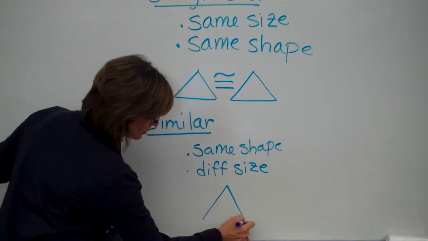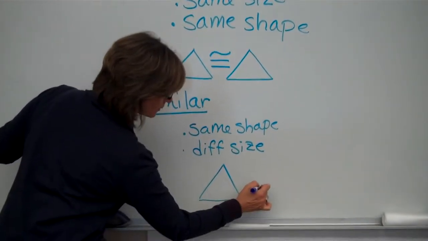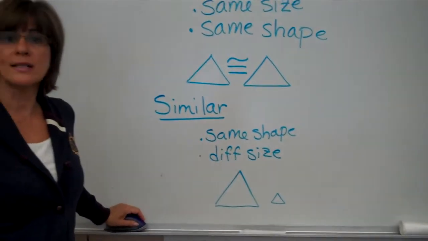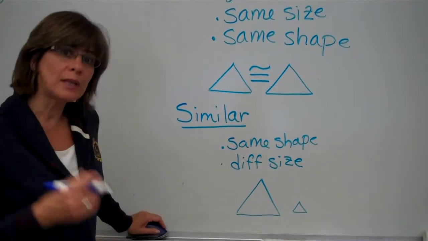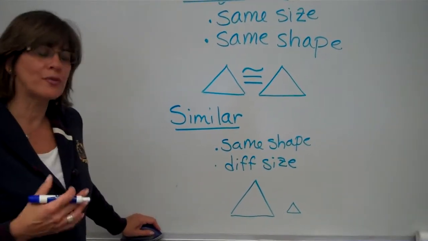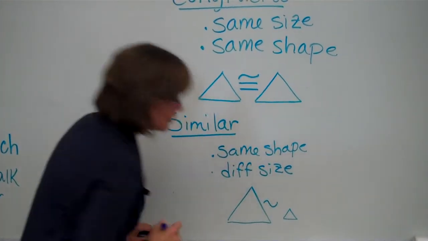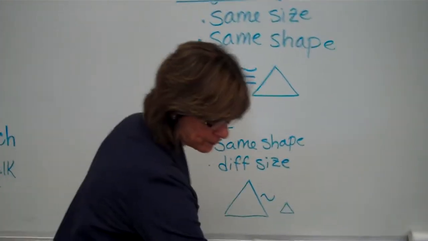So if I did 2 equilateral triangles and I made them like this, I can say that those are similar. Same shape, equilateral triangle, but different sizes. And the symbol for being similar looks like that.